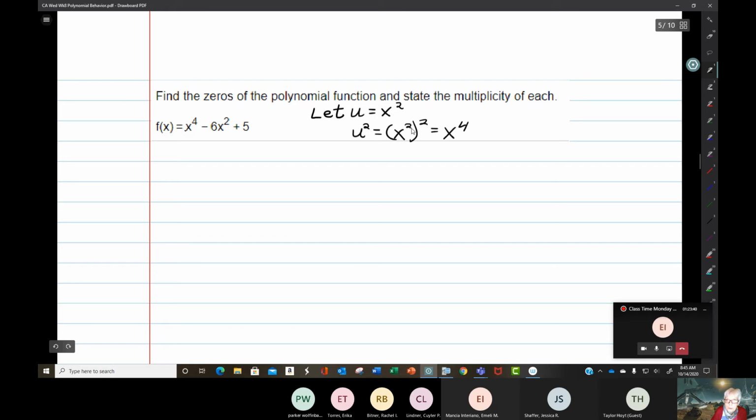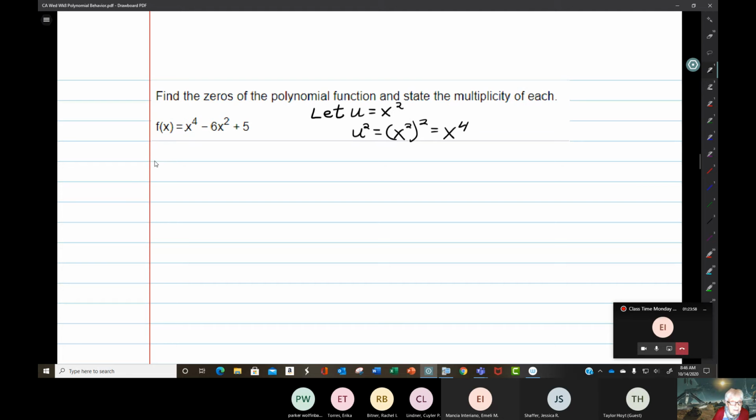When you have a base raised to a power and raised to a power again, you multiply the two powers. So this enables me to let x to the fourth temporarily equal u squared.